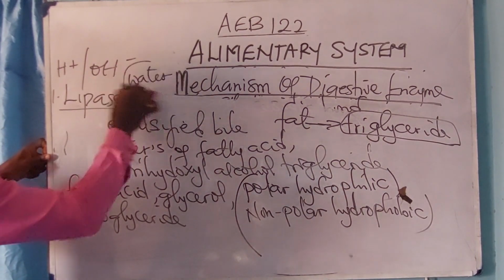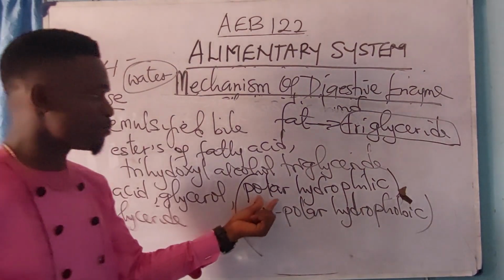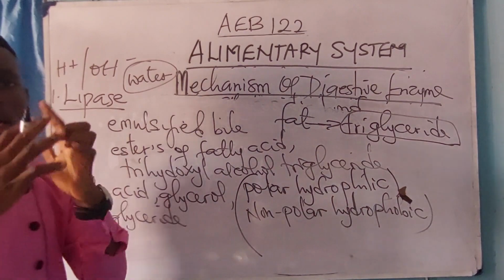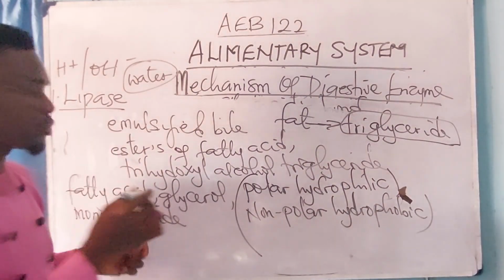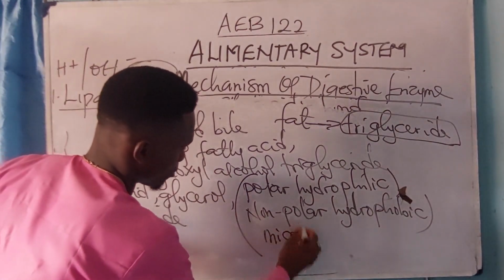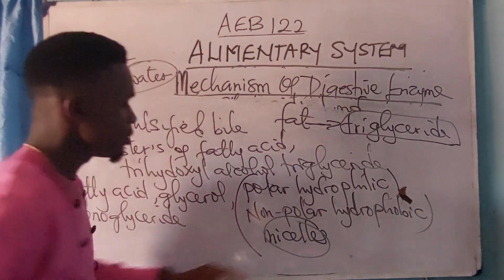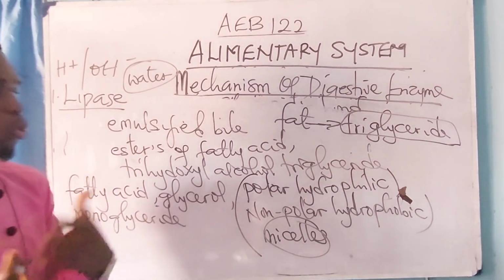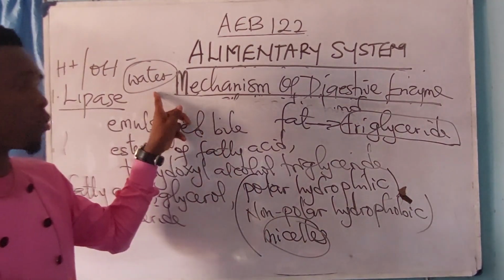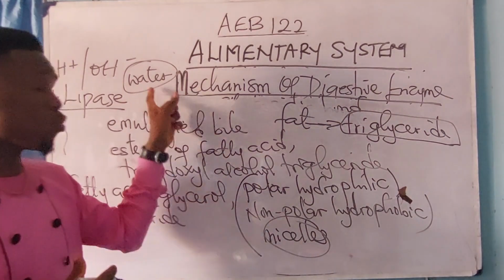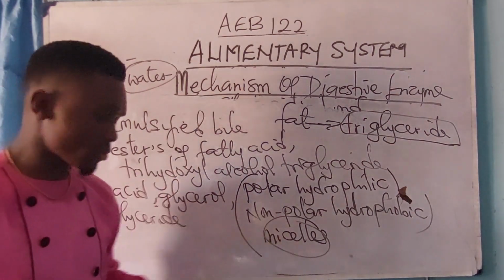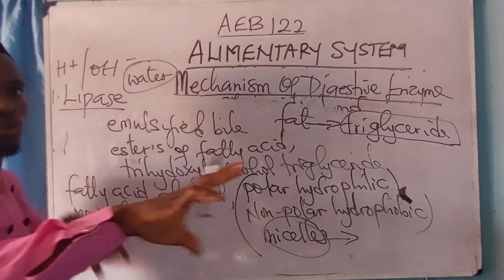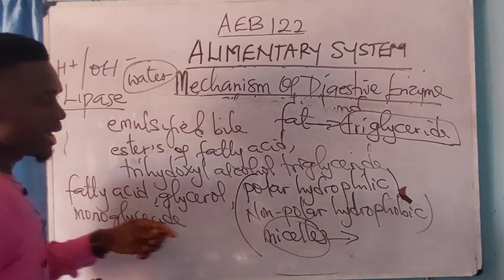Now, fat molecules in a polar solvent such as water will not dissolve; they come together and form what is called micelles. Micelles are formed by the coming together of two or more fats in water, and micelles have the ability to diffuse at different rates.